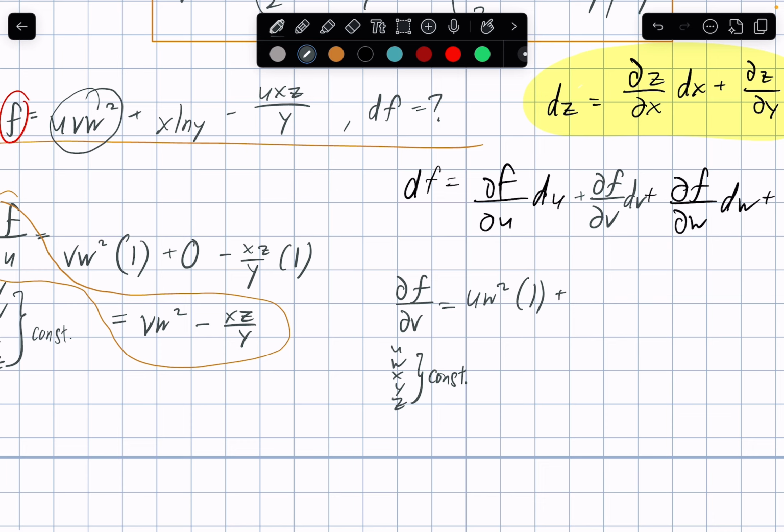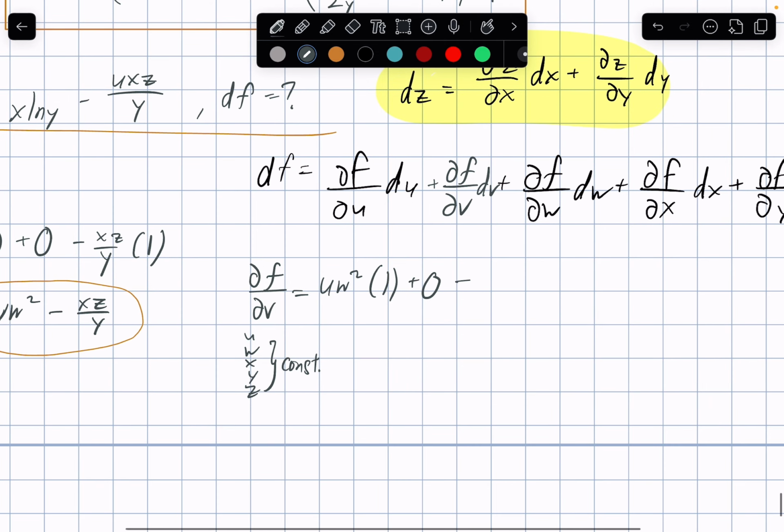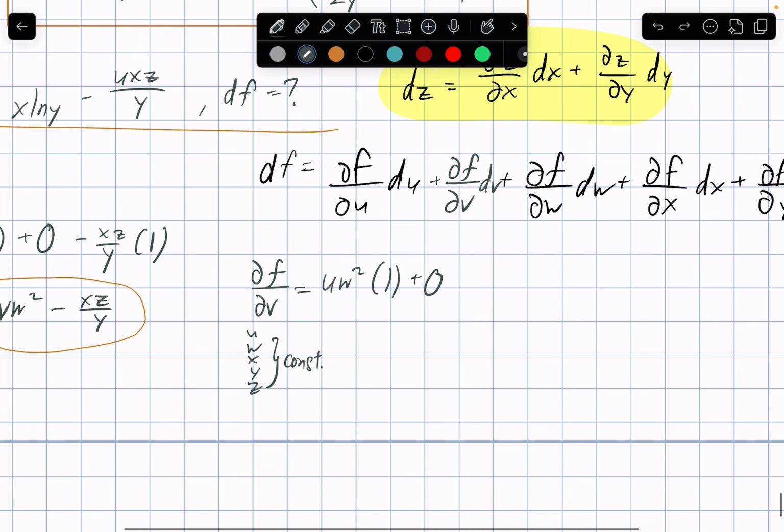Plus, x and y are all constants again, so this one is going to be 0. Minus u, z over y. Actually, u, x, z, and y are all constants, so this is also going to be 0. That's it. u w squared is our partial f over partial v.